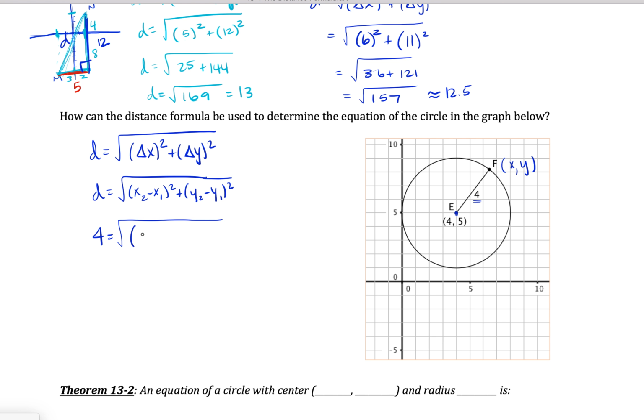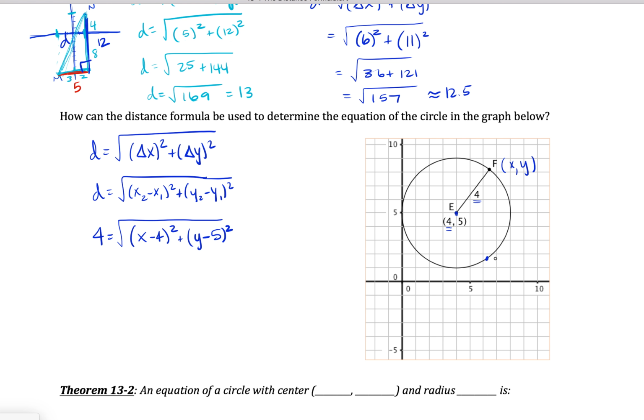So in other words, if I take the x right here for F and I subtract 4 and square it, that's the difference between this x value and the x value of the center of the circle, which is 4. And I say plus y2, which I'm just going to call plain old y, the generic y coordinate of my point that's on the circle, minus the y coordinate for the center, 5, and square it, that will always equal 4.